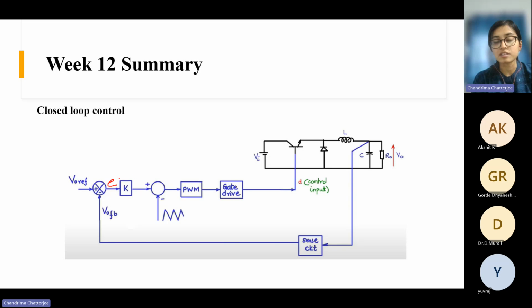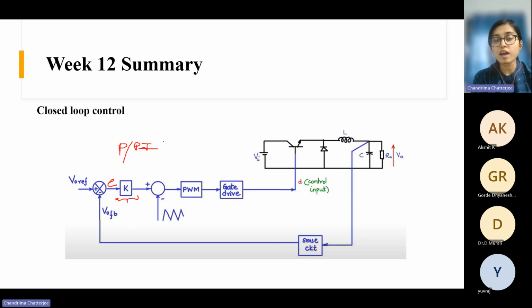That will be the best case. So to make this error zero, there are some blocks which we usually call controllers, right? There are different types of controllers. There are proportional controllers, and there are proportional integral controllers. They are the most commonly used controllers, PI controllers we say.